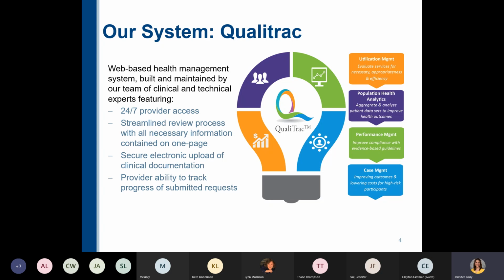We also subcontract with them to do some of the behavioral health work that is in our contract with the state of Montana. We started working with them even before we took on some of the behavioral health work, and started transitioning some of our other contracts into the Qualitrac system back in April of 2019. So while it's new to you, it is definitely not new to us, and we have really enjoyed using it.